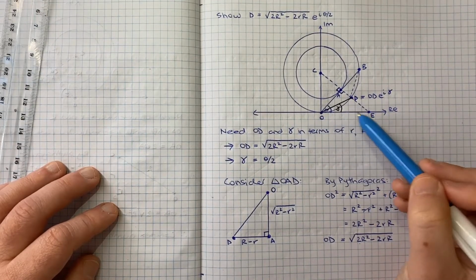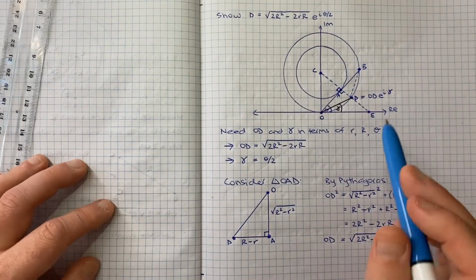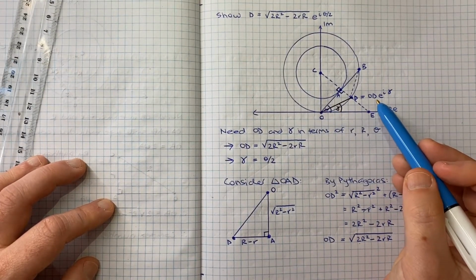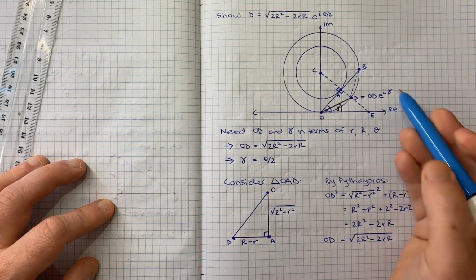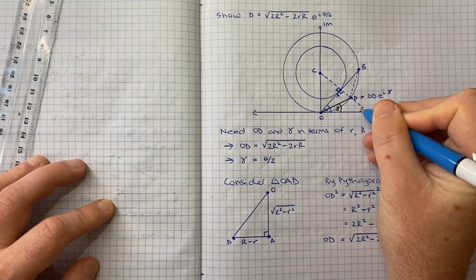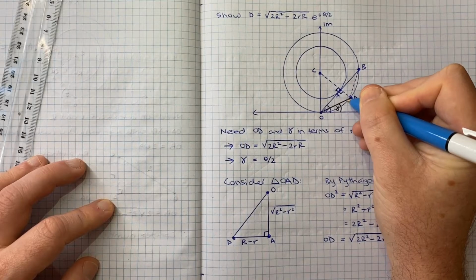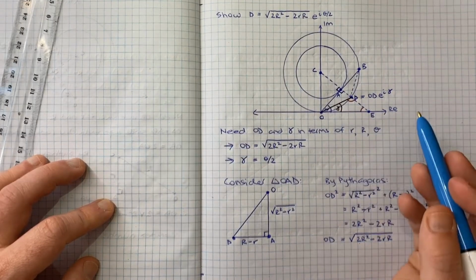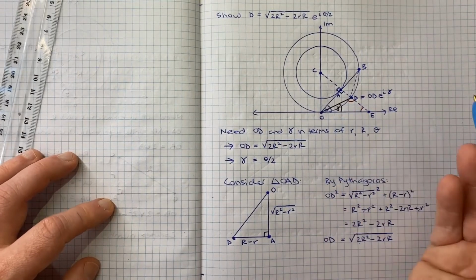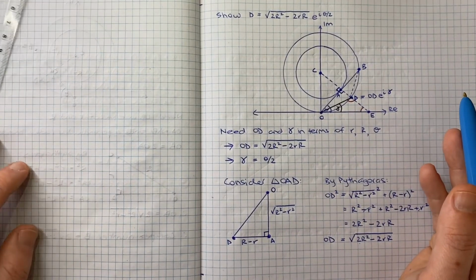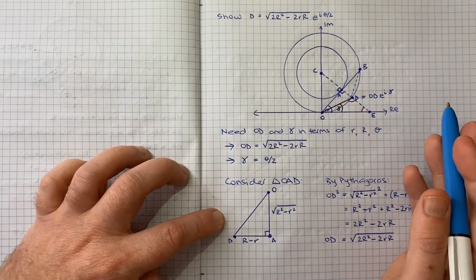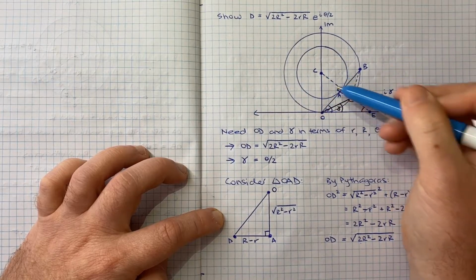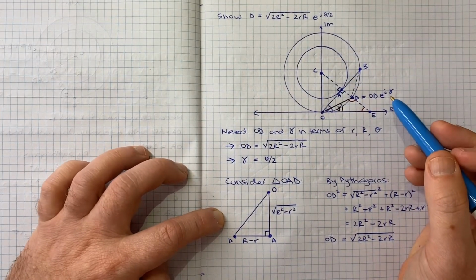Now there's a little bit we need to do first, but maybe I'll annotate this main diagram in red, because if we can find this angle here, and if we can find this angle here, then we will be able to use the angle sum of a triangle to find gamma, which is what we want. So we need each of these angles specifically in terms of theta, and then we'll be ready to roll. Using all of these triangles in here, we can piece everything together.